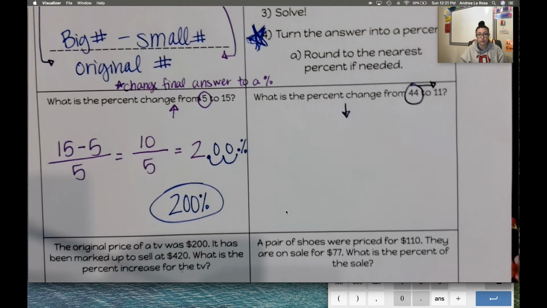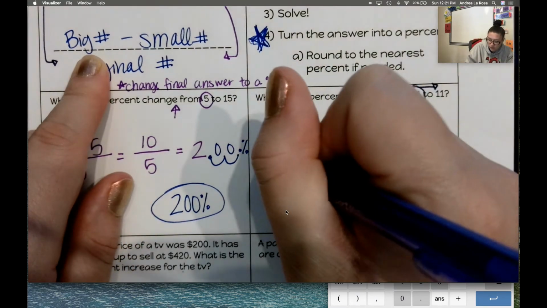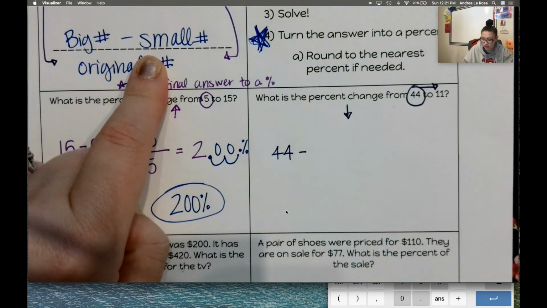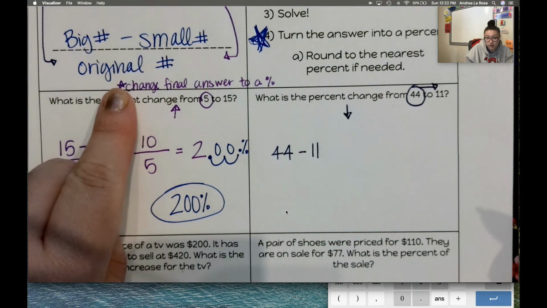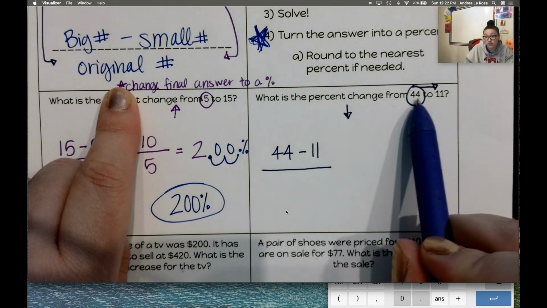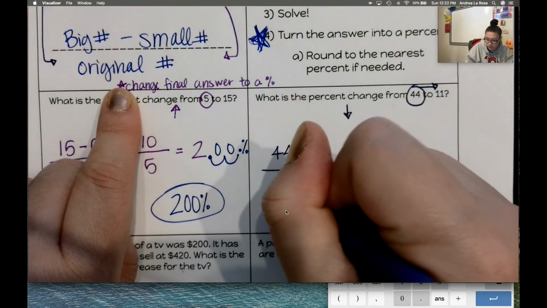So now we need to set up our formula. What's my big number here? 44 minus my small number, which is 11. Divide by my original, which remember we started at 44 and then moved to 11. So my original is 44.